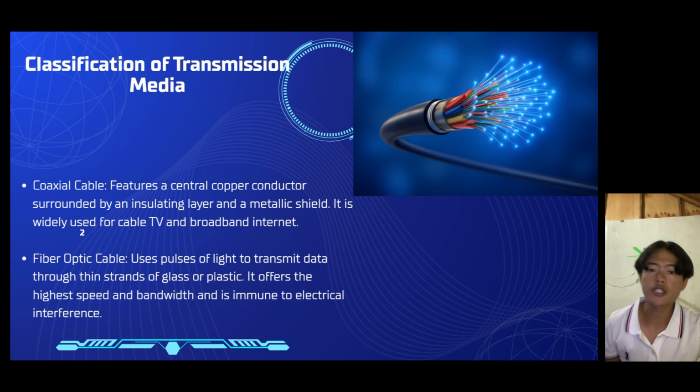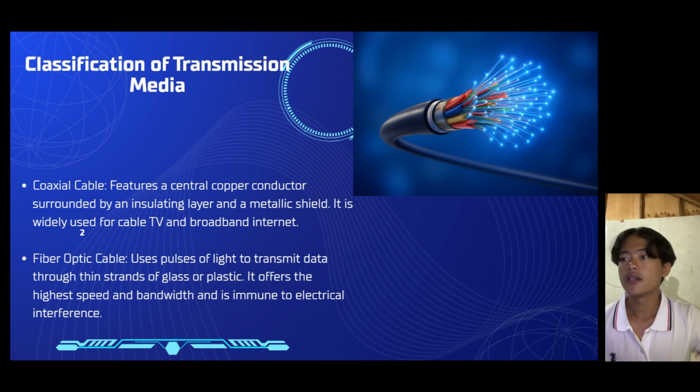Classification of transmission media. Coaxial cable features a central copper conductor surrounded by an insulating layer and a metallic shield. It is widely used for cable TV and broadband internet.